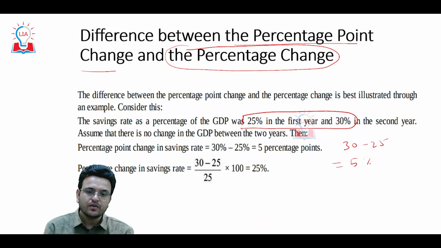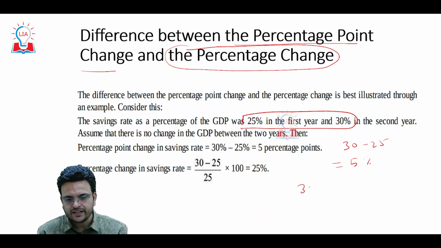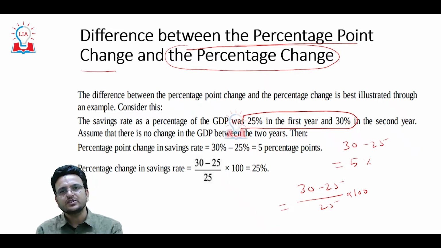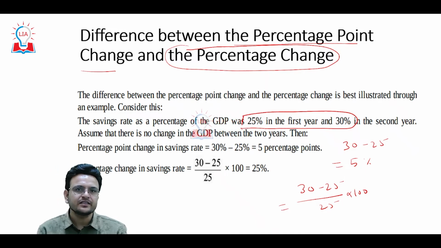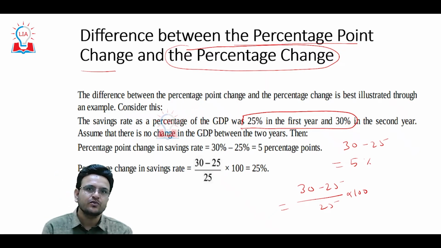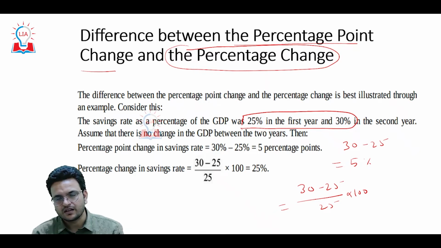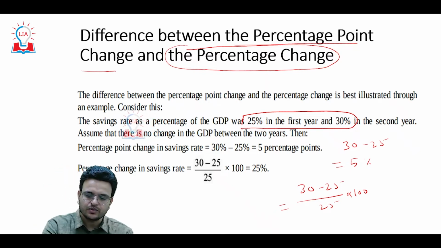When we talk about percentage change, it will be 30 minus 25 upon 25 into 100. So you have to remember both things. Percentage point change is just the change in the percentage. Percentage change is the change in value from original to last value. You have to remember that.